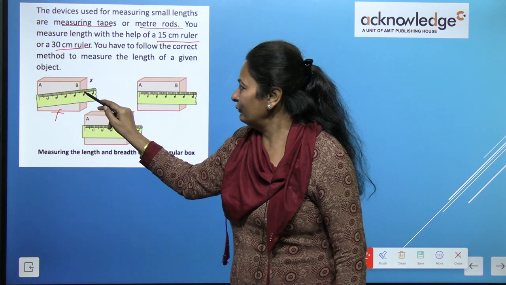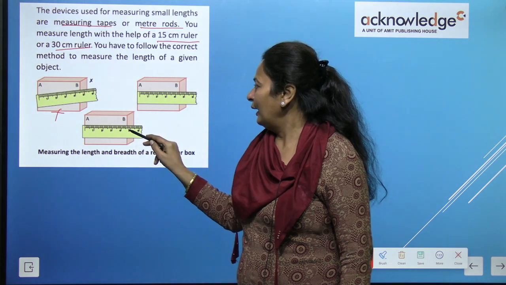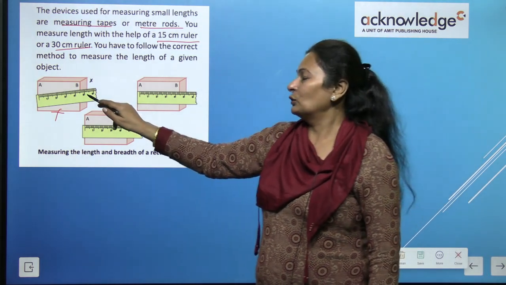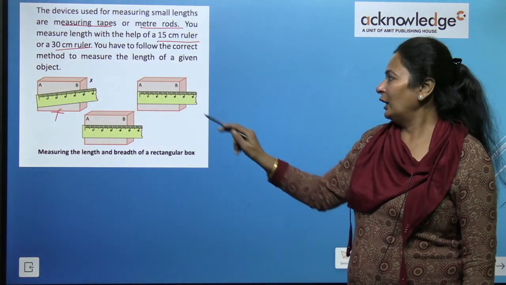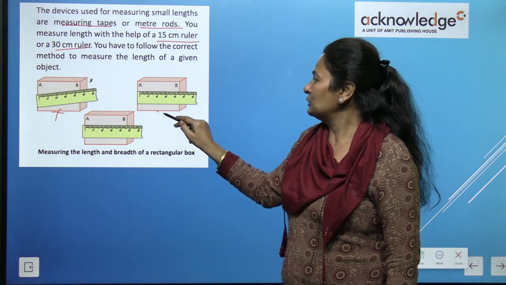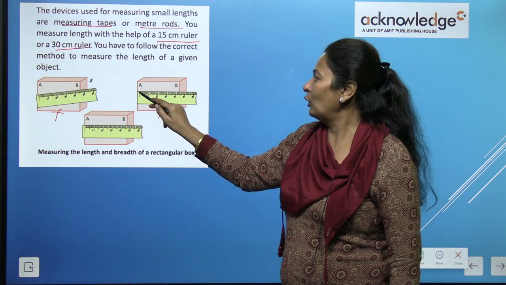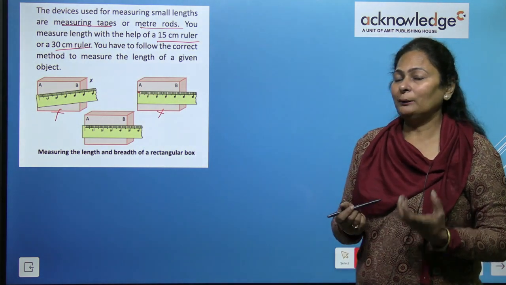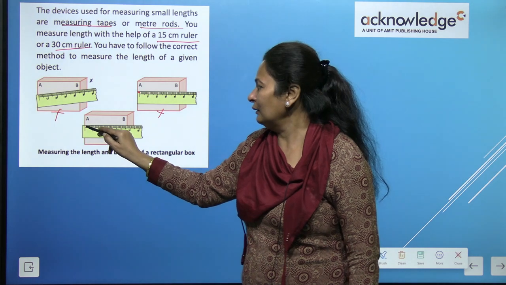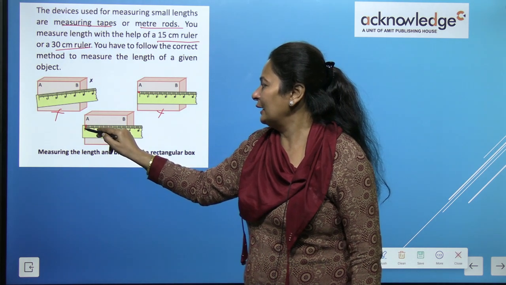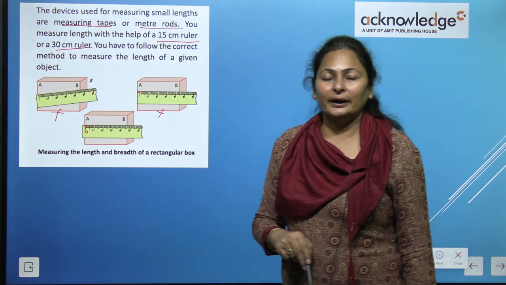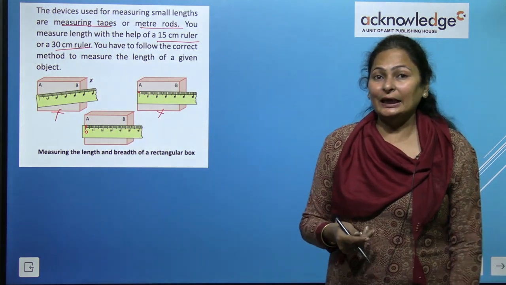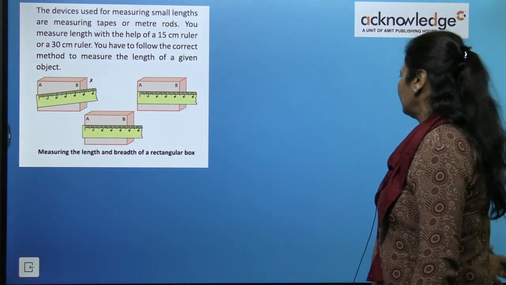Here you can see the difference, like it is 4.5 and it is more than it, right? So this is the wrong method of measuring it. Now this is also the wrong method because the corner of the ruler is here, right? So it should not be like this. You should start with the first line, or you will say it is 0, right? So 0 mark. You should start measuring with the 0 mark always.